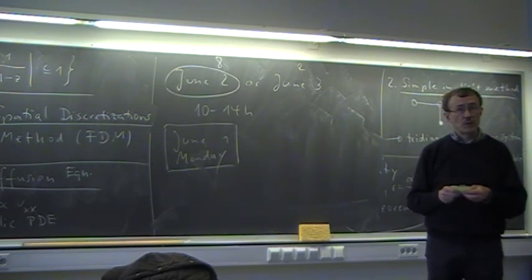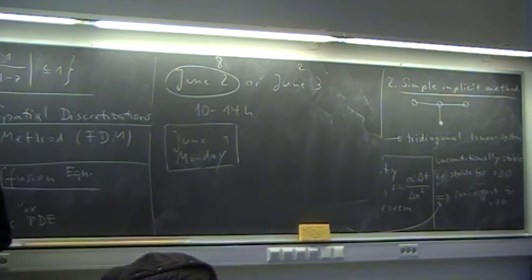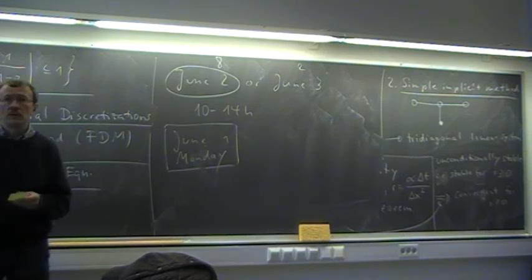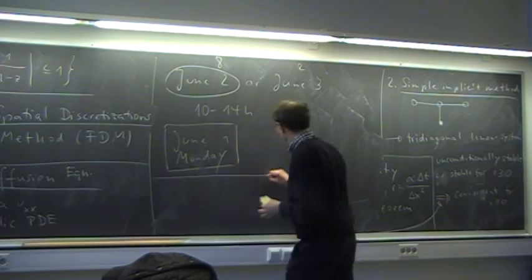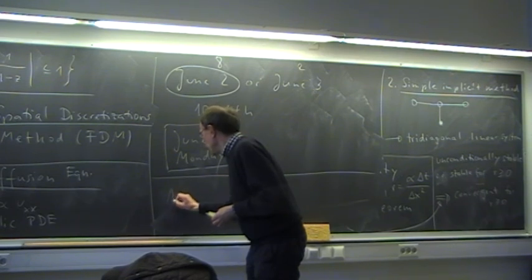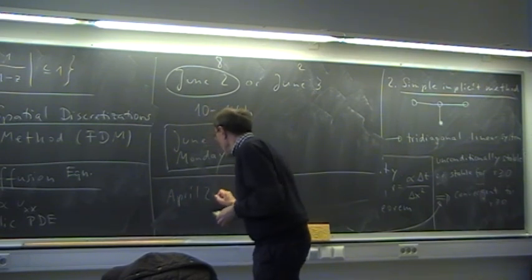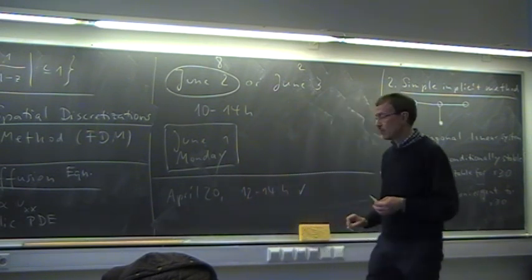Shall we have both times, or is it enough from 12 to 14? So let's see the calendar. That is on Monday 20. Is that what we are talking about? So that is for exam preparation, and now feedback of old exercises would be then April 20, 12 to 14, so we do that.